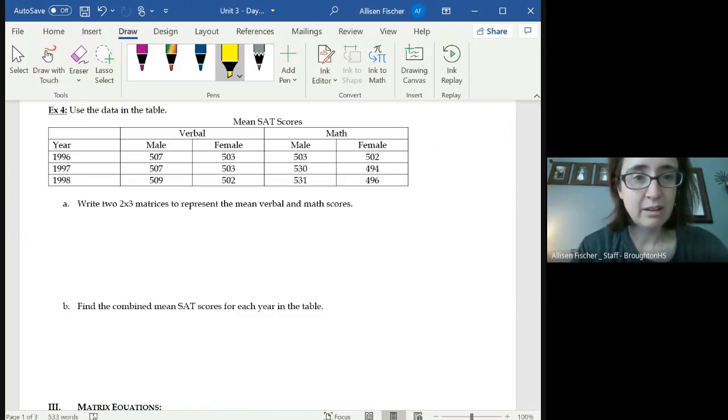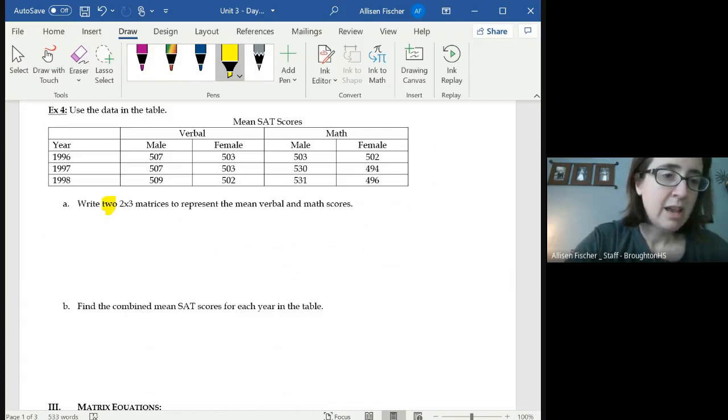It doesn't mean that they're not nice. All right. So part A says write 2 by 3 matrices to represent the average verbal and math scores. So we are writing 2 matrices, and they are telling us the dimensions they want are 2 by 3.